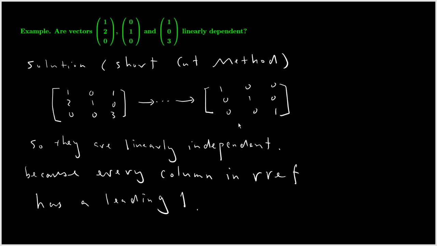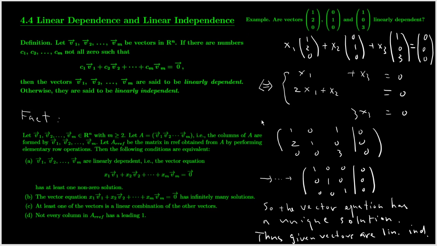If every column has a leading one, then it is indeed true that the given system has a unique solution. Does that make sense? The given system has a unique solution. It means the given vectors are linearly independent. Okay.